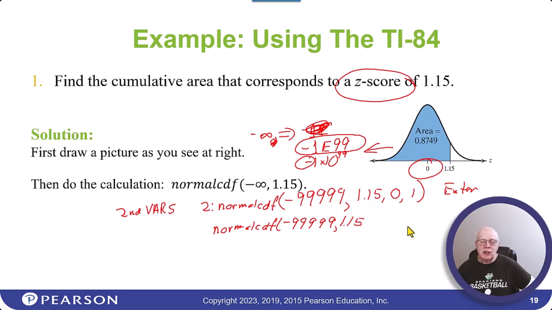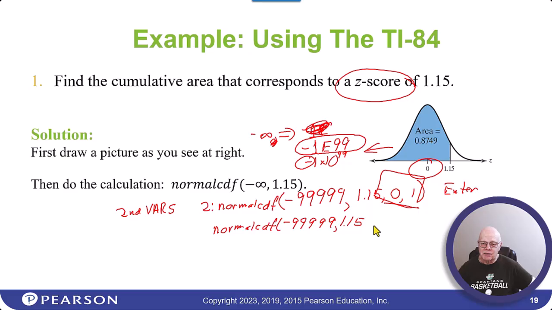Well, sort of the good news is if you forget to put in the 0 and the 1, the calculator is going to put them in for you. It figures if you didn't put them in, you are talking about the standard normal distribution. It'll take care of you.